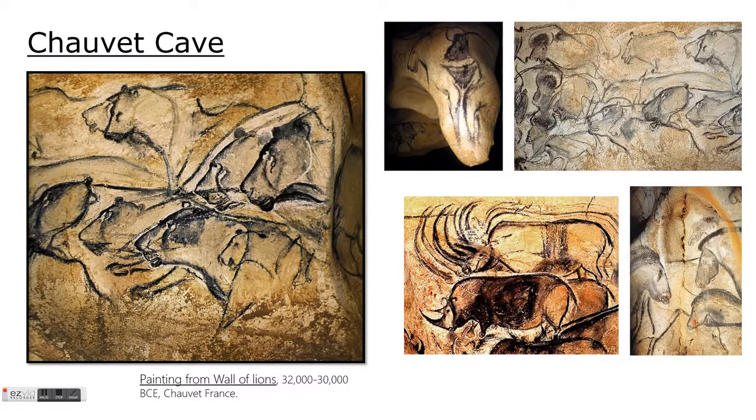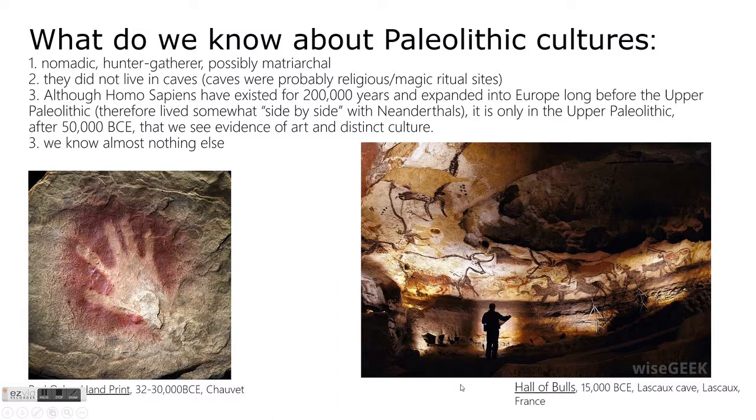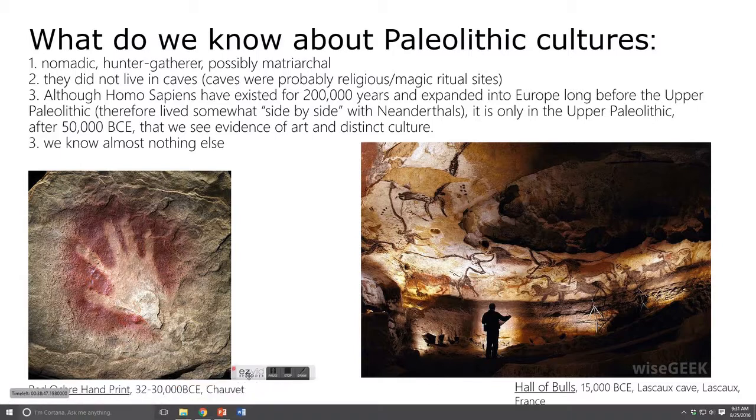Chauvet, which is the oldest; Lascaux, which used to be the most famous, and is also quite beautiful, although it is having difficulty, it's deteriorating now that it's been opened to air; and the other one, the very first one, Altamira in Spain.